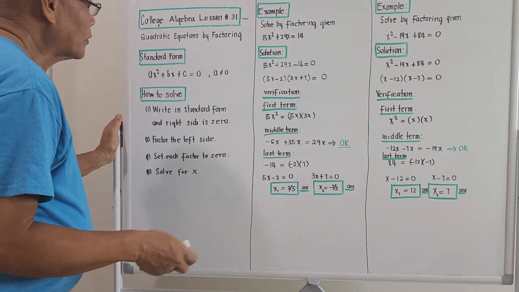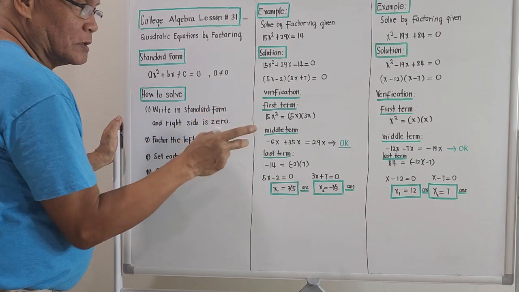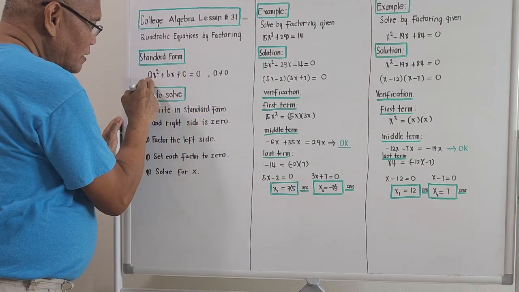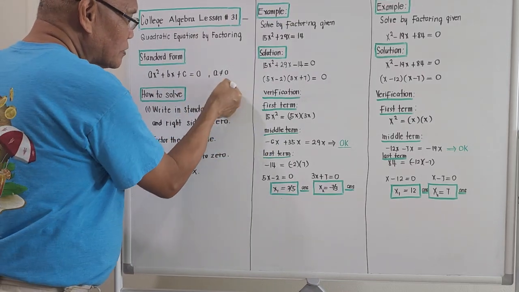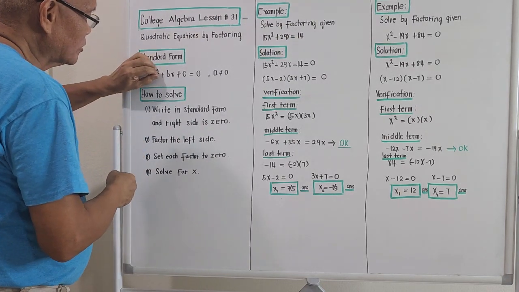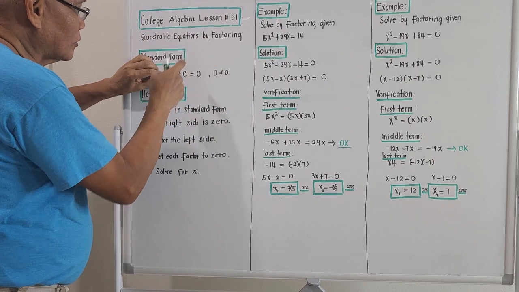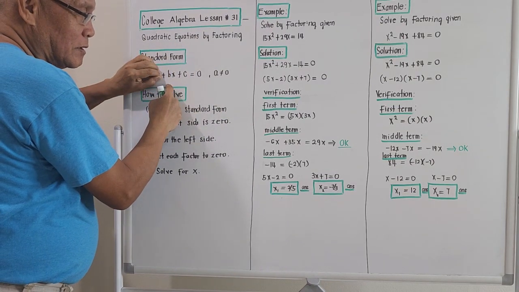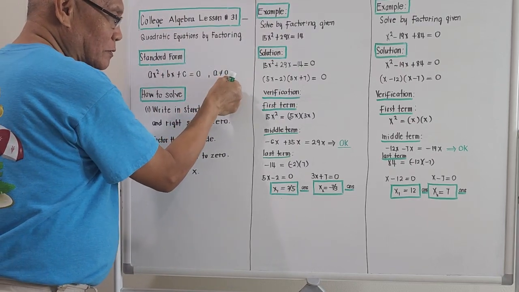And the standard form is ax squared plus bx plus c equal to 0, with the given condition that constants a, b, and c are all real numbers in which a is not equal to 0. Because if a is equal to 0, this term will disappear and it will not fall under the so-called quadratic equation. It will now be linear. So for it to be quadratic, the value a should not be equal to 0.